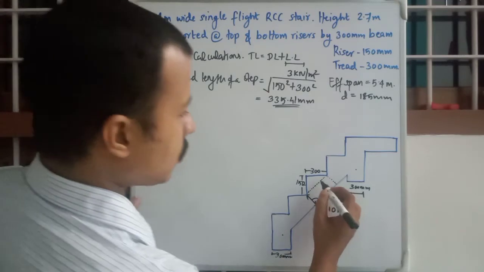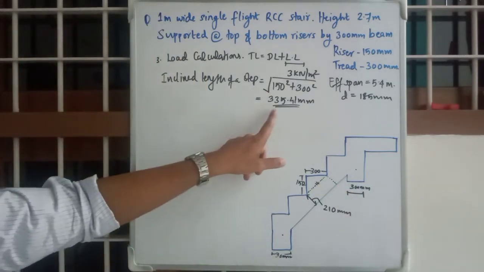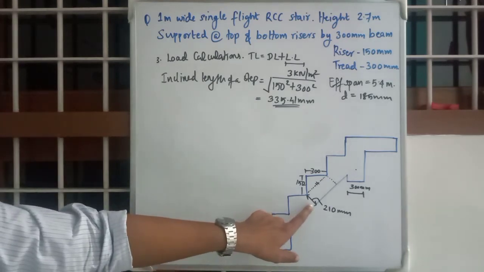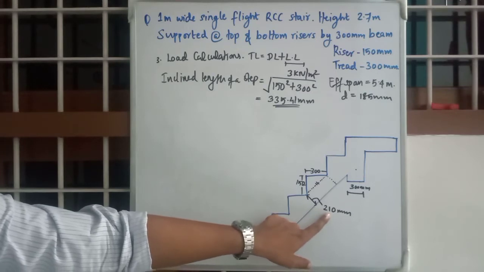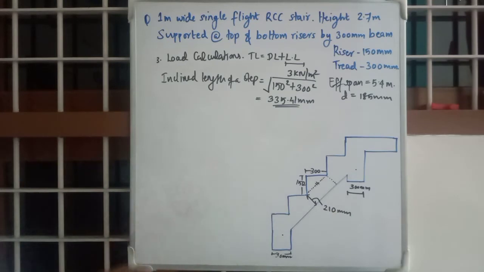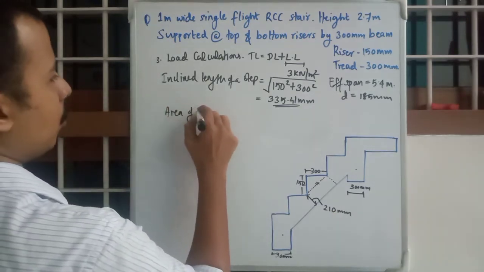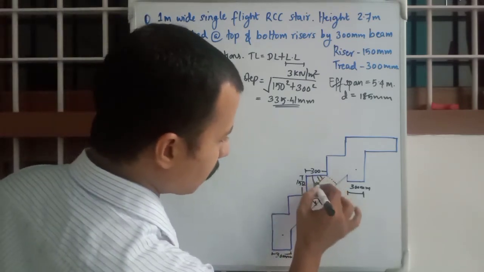Okay, that is this dimension, 335.41 mm. You have this dimension as 210 mm, right? Then you need to calculate the area of step, that is this area.